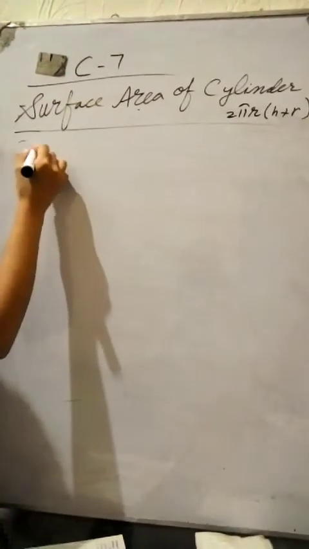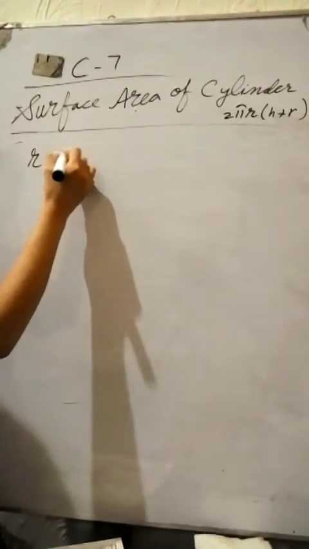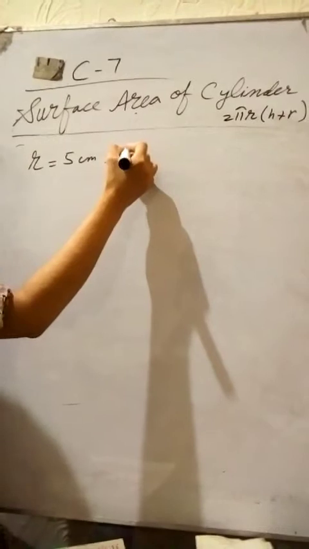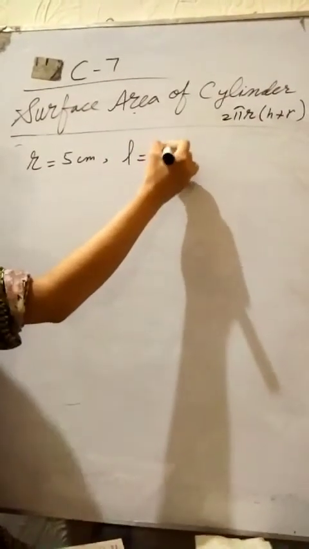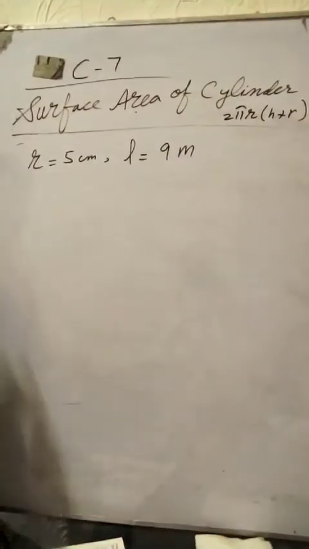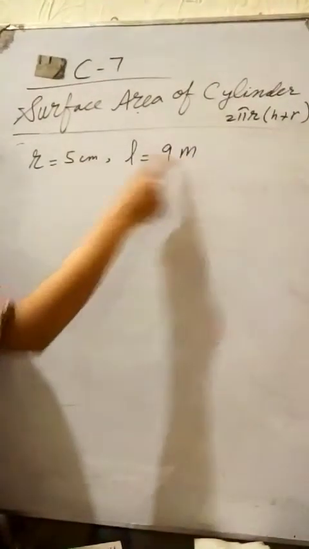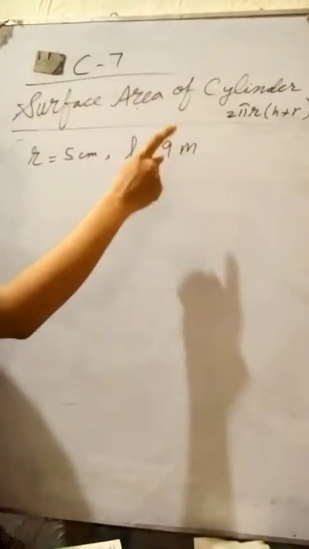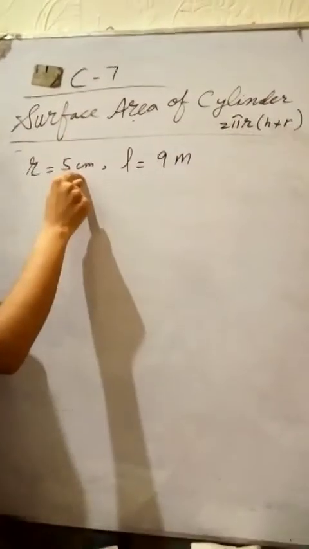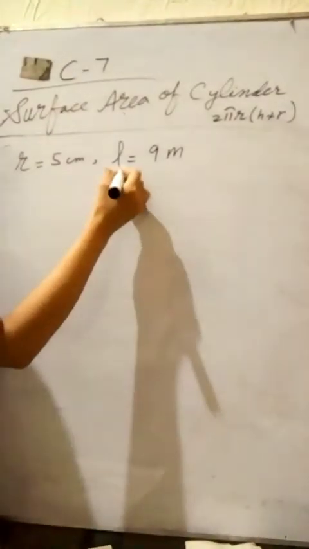Let's say radius is 5 centimeter, but length is 9 meter. Now see, bases are not same. This is centimeter and this is meter. We always convert meter into centimeter, not centimeter into meter. Length is also used as a height.